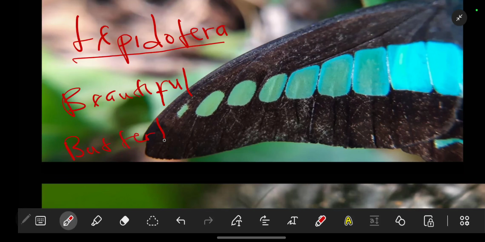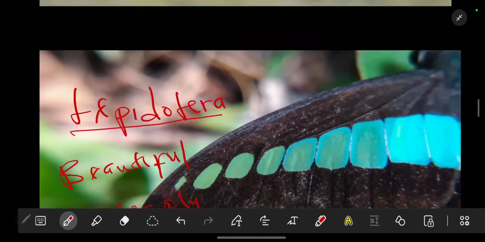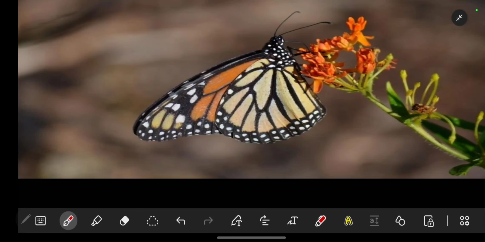Now, which other one is similar to a butterfly, though it's not beautiful? A moth. So we have these two. The butterfly at the larva stage is a caterpillar. So there's our butterfly, which belongs to the Lepidoptera.